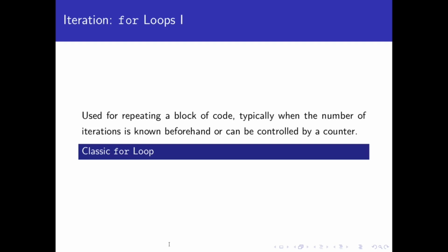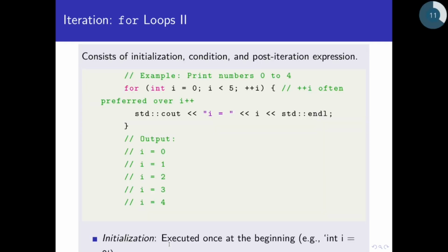Therefore, let's look at how the syntax structure looks. This is how loops look. Just for int i equal to 0, i less than 5.